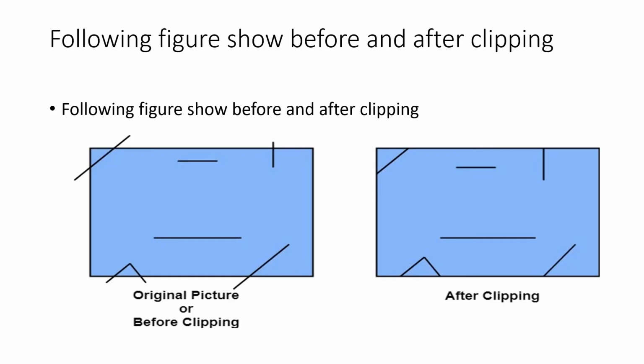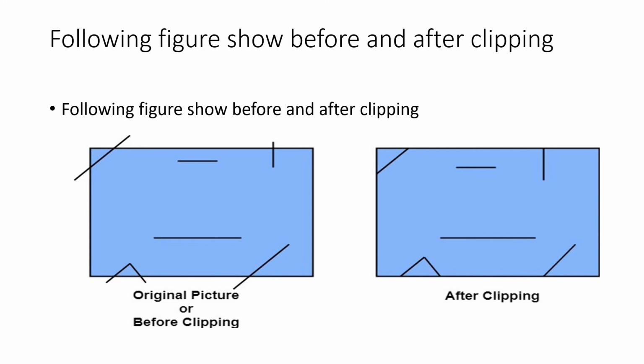Here we have two images of the window. Before clipping, the original picture was like this. One line was completely inside, two lines were completely inside, and this line was partially outside, this line was partially outside, this figure was partially outside.